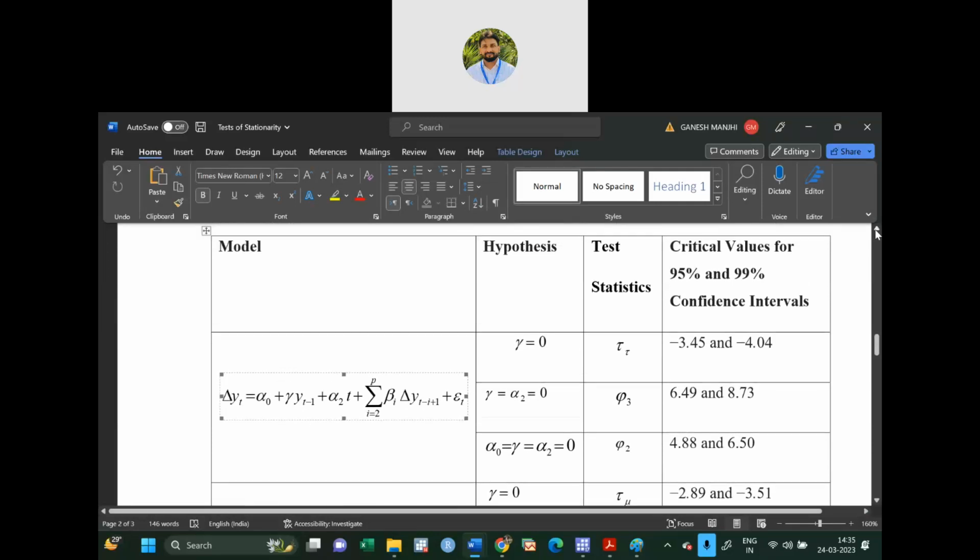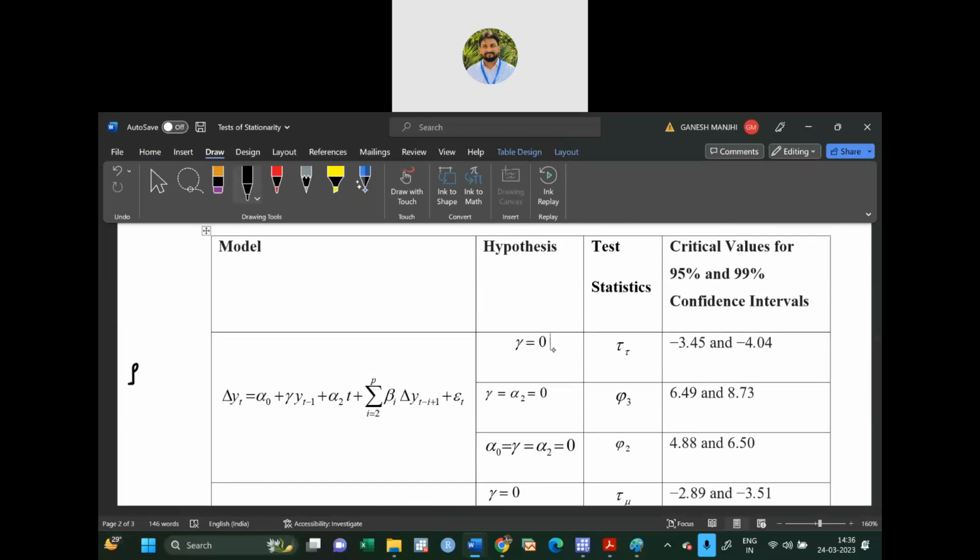Gamma is the coefficient of yt minus 1, which is precisely the same thing as saying delta equal to 0 that we just worked out. So, the null is gamma equal to 0, saying delta equal to 1, right? So the alternative will be gamma not equal to 0.